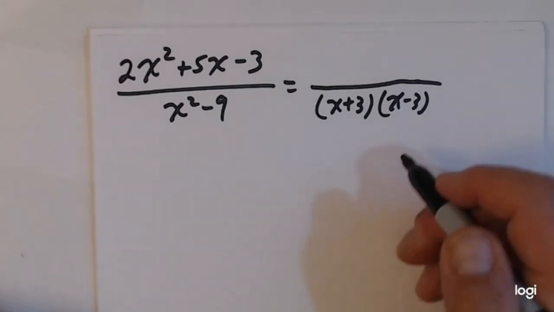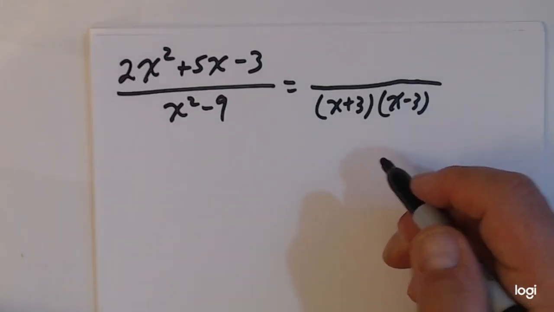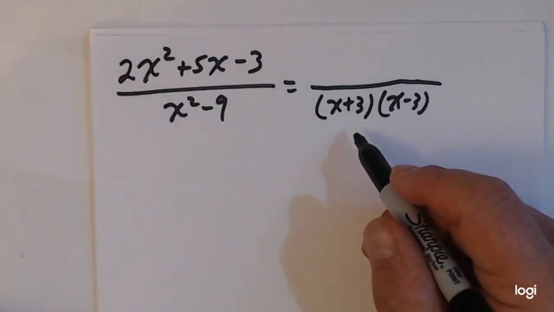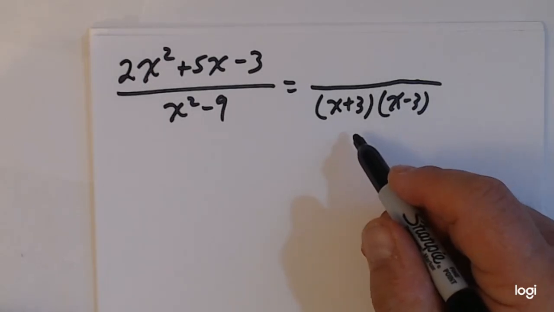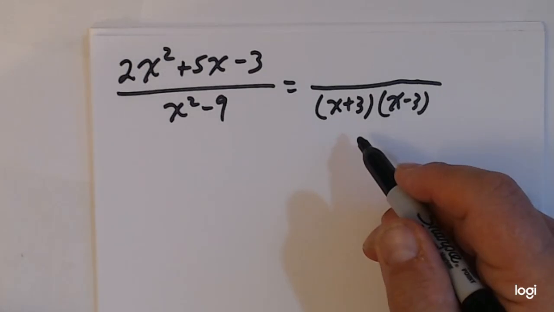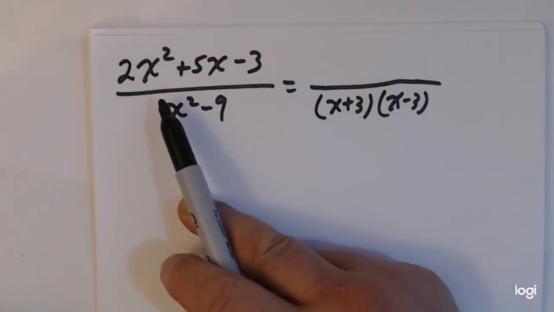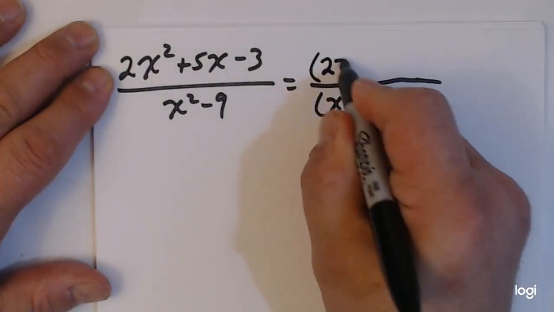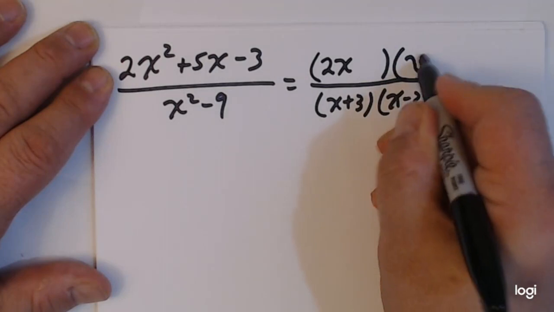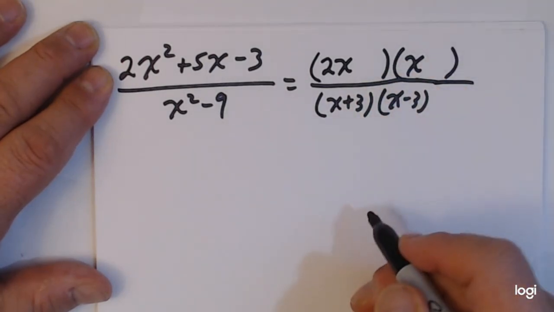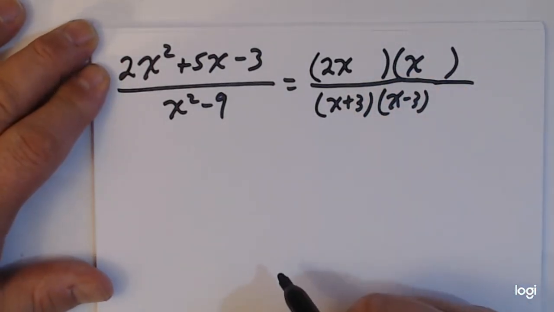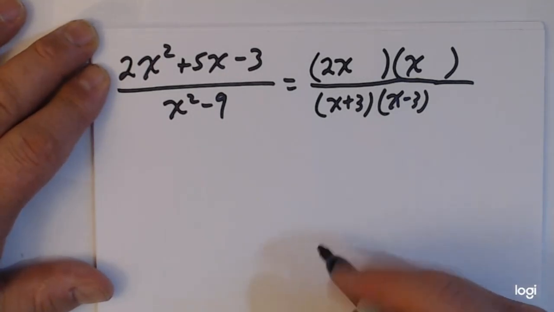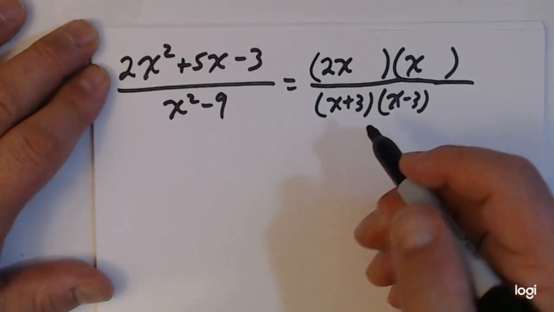Now, it's pretty obvious we're going to have an x plus 3 or an x minus 3 in the numerator. So we're also going to have a 2x and an x to start us off. 2x, x. So let's see.